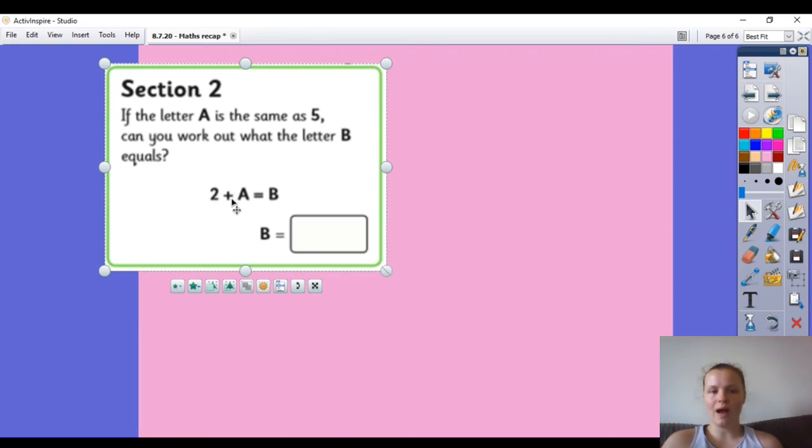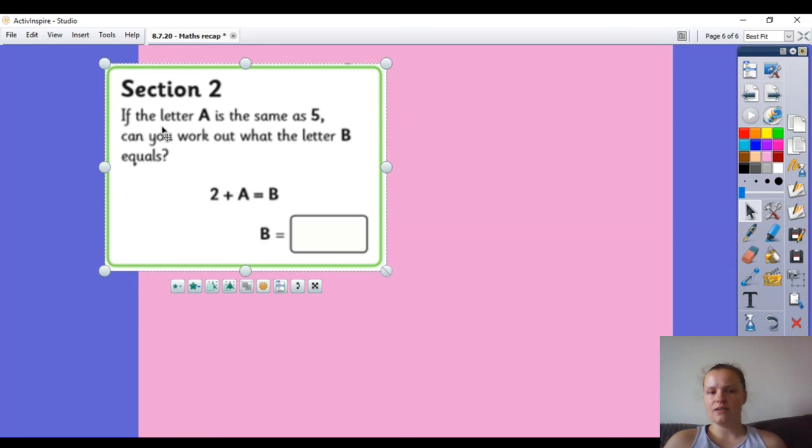It says 2 add A equals B. Now, we've never looked at a question like that before, but it's easy to work out if you really listen and read what it says. Okay, so 2 add A equals B, and we need to know what B is.